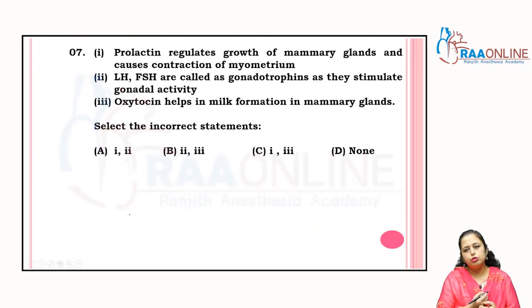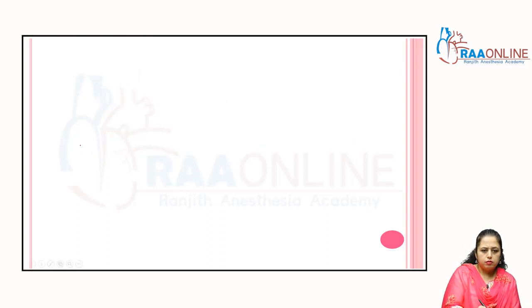Prolactin regulates the growth of the mammary glands, which causes the contraction of the myometrium. No, that statement is wrong actually. Oxytocin is responsible for that, right? It helps in the contraction of the myometrium. Prolactin helps in the synthesis of milk.